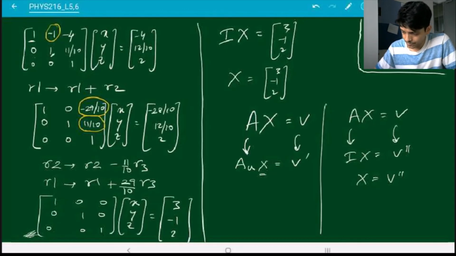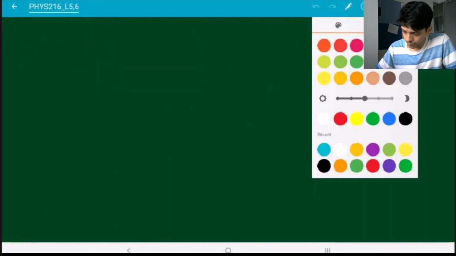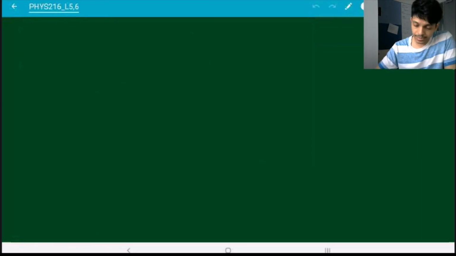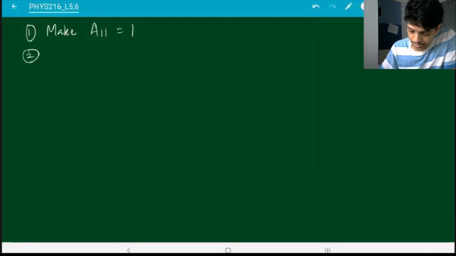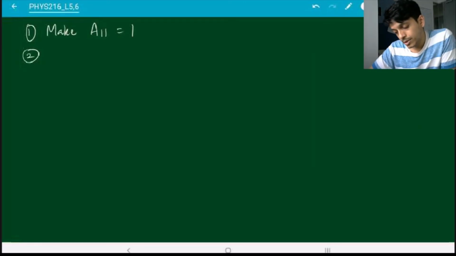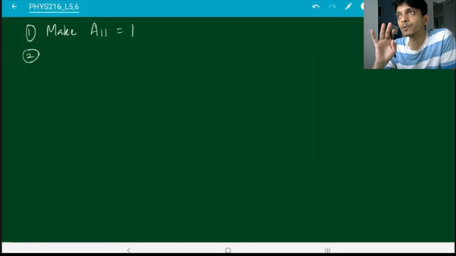Similarly over here, I'm not writing out explicitly at each step what it should be, but the idea is as follows. First, make A11 equal to 1, either by scaling the row or by interchanging. Actually, if you want to write a general program, don't do interchanging.